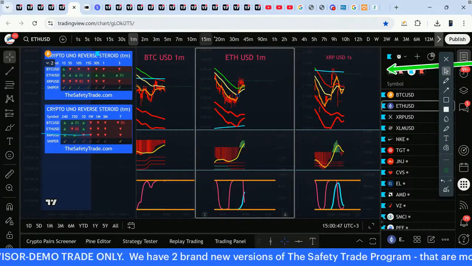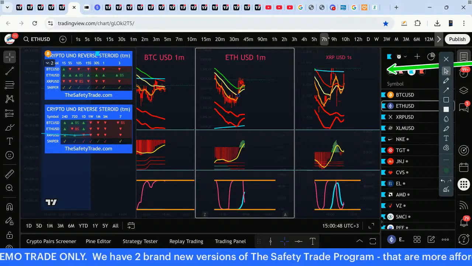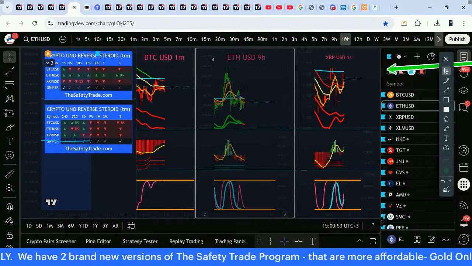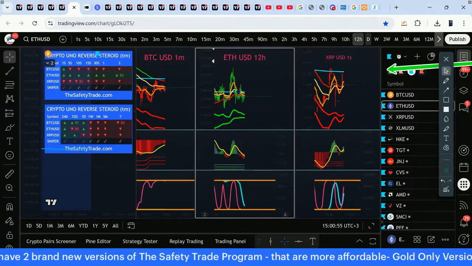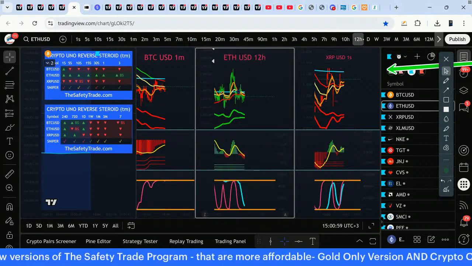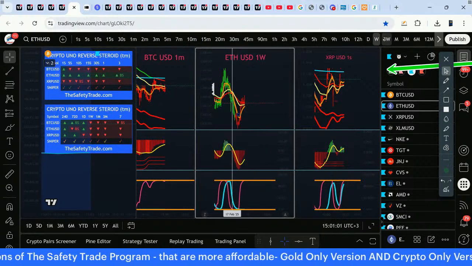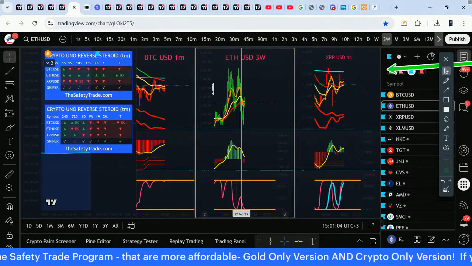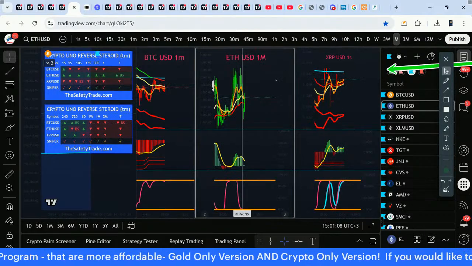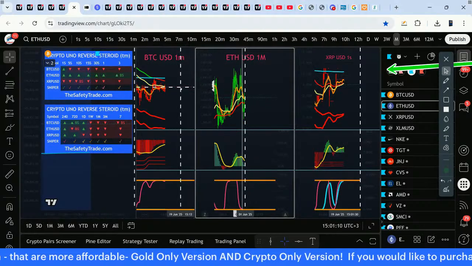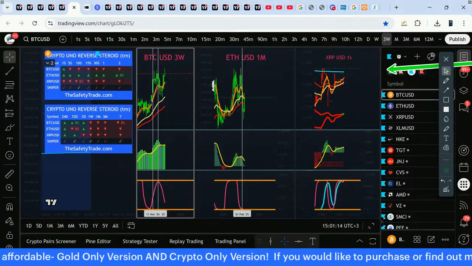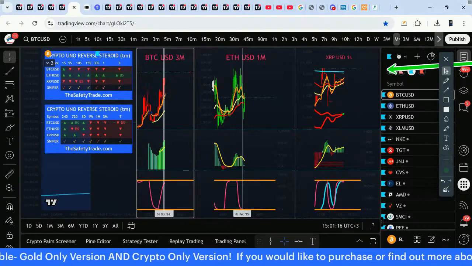Let's go to Ethereum 7-hour. These are all permanent buys, so don't worry about anything. 12-hour, 12-hour daily, weekly, 3 weekly, monthly buy stop. Gorgeous Ethereum. Let me go to 3 weekly. Let me go to monthly.